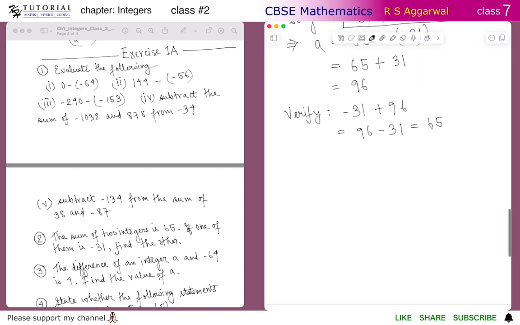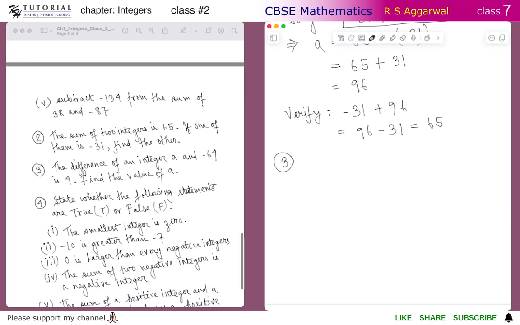Okay. So let's see the problem number 3. It says that the difference of an integer a and minus 64 is 4. Find the value of a. So it is given that a minus 64 is 4.